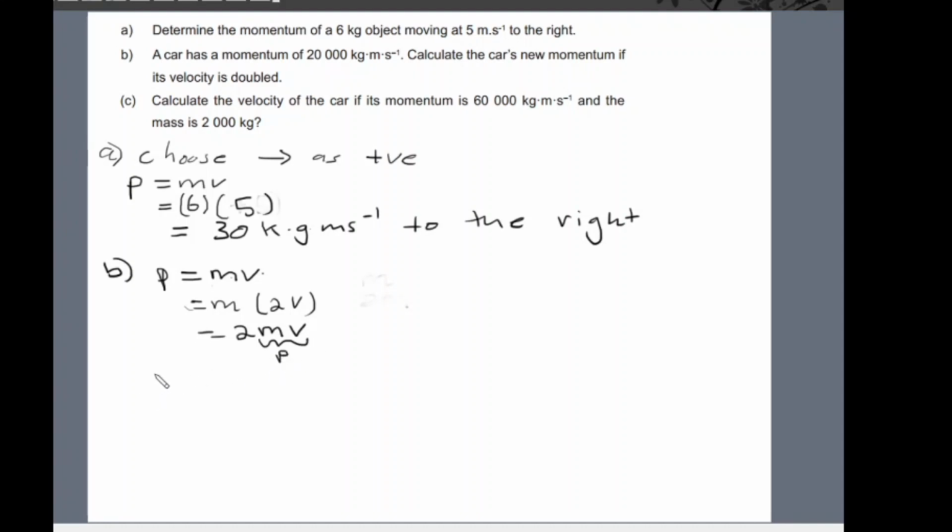So when we calculate the car's new momentum, if velocity is doubled, we'll say the new momentum is 2 times the initial momentum, right?